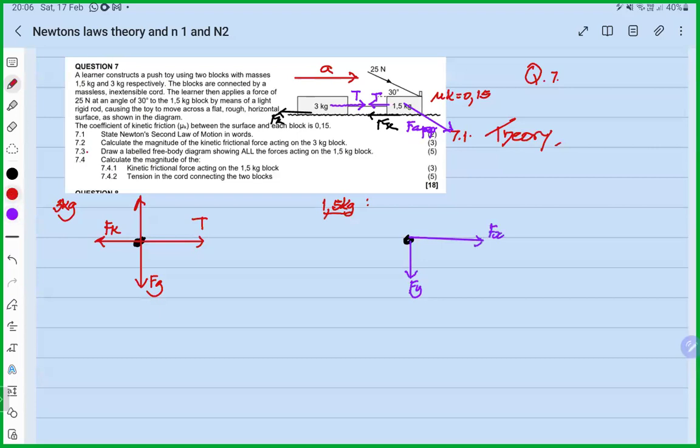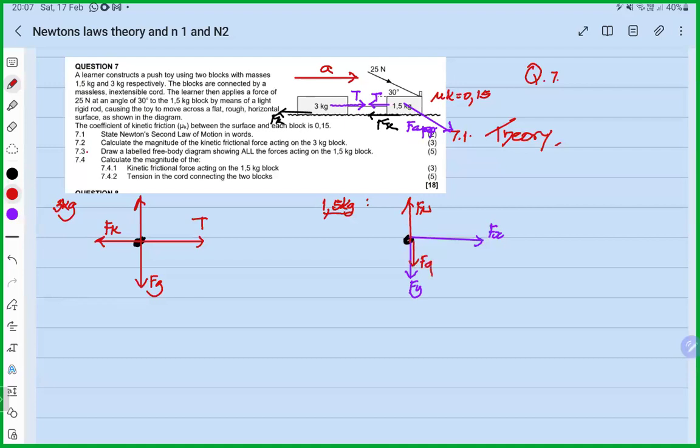You're going to have your normal. So I should actually make the normal a little more realistic. The normal is going to actually compensate for both the Fy and the Fg. You got your Fy acting downwards, and you're going to have your gravitational force acting downwards.